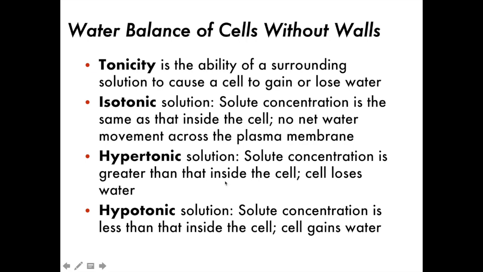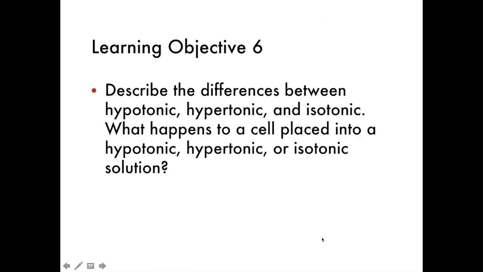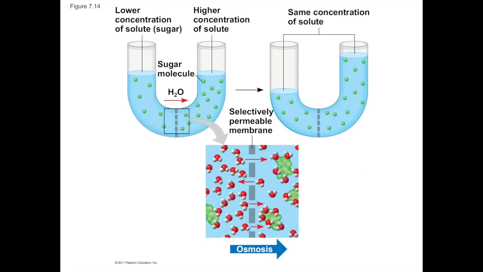In a hypotonic solution, hypo means below and beneath. A hypodermic needle goes under the skin. That's what it means, hypodermic. So that means below or beneath, less than. So in a hypotonic solution, solute concentration is less than inside the cell, and the cell is going to gain water. So let's go back to our U tube again.